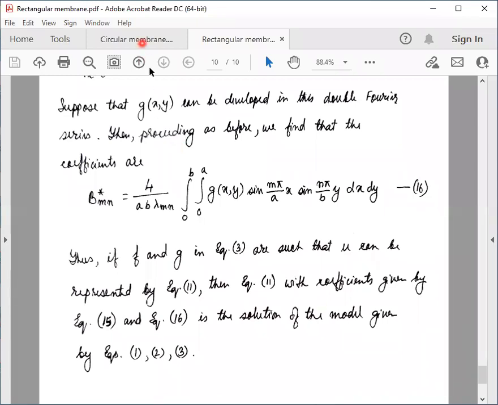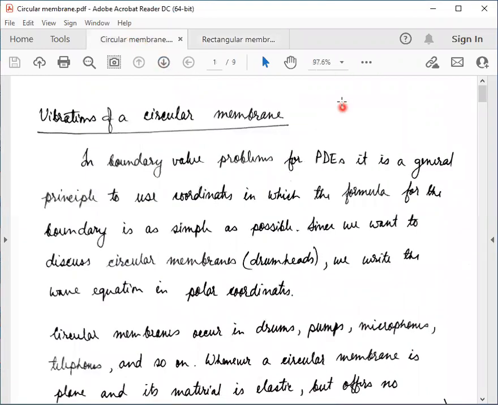Now let us look at the next problem, which is the oscillation of a circular membrane, that is, the vibration of a circular membrane. In boundary value problems for partial differential equations, it is a general principle to use coordinates in which the formula for the boundary is as simple as possible.